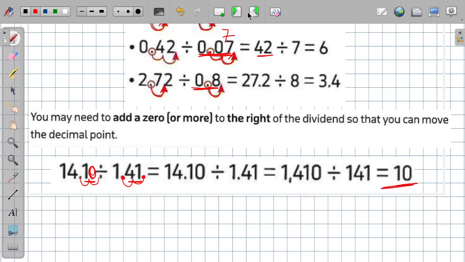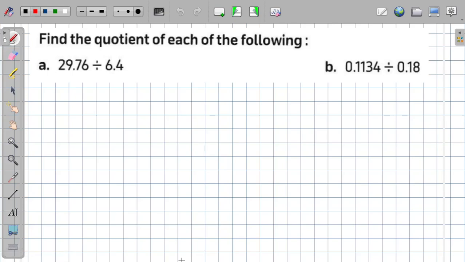So let's try to find the quotient of each of the following examples. The first one here, I have 29.76 divided by 6.4. So first, let's try to move the decimal point.